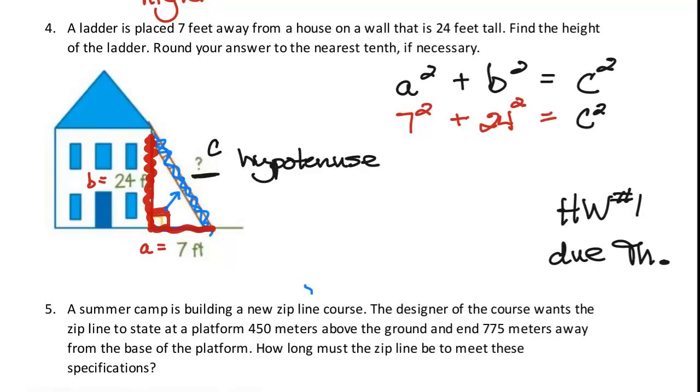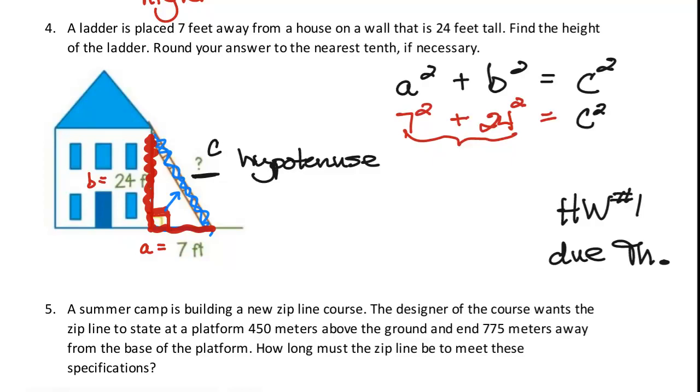So take out your handy dandy calculator, put in 7, square it, that means push the x squared button, plus 24 squared, and tell me what you get for that answer right here. So 7 squared plus 24 squared equals, what do you get?